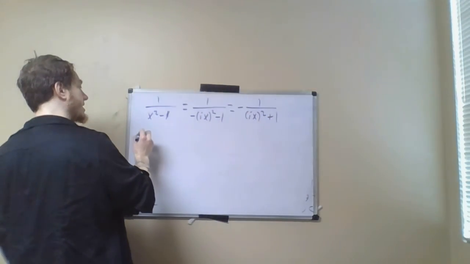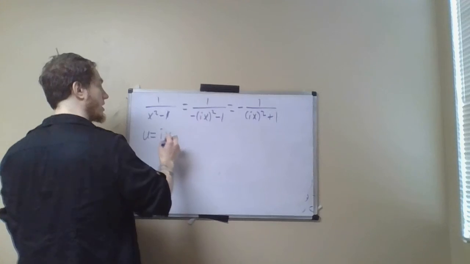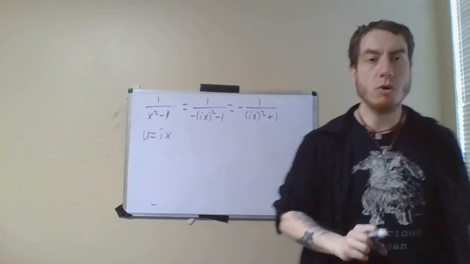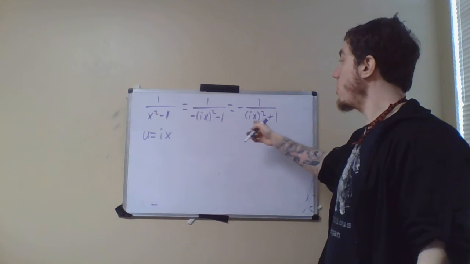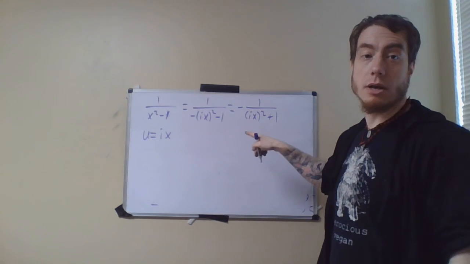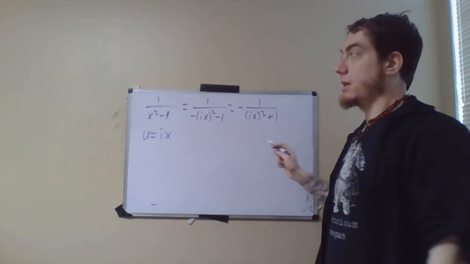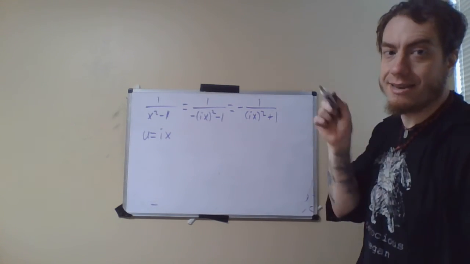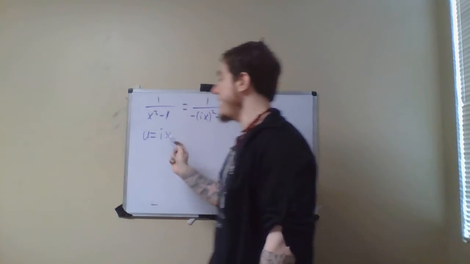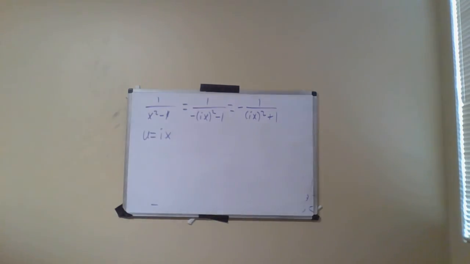And then what you do is a u substitution, u equals ix. And what you end up with is 1 over u squared plus 1, which, when you do the antiderivative, you get an arctangent. But, and here's the key thing, you end up with imaginary numbers in there.